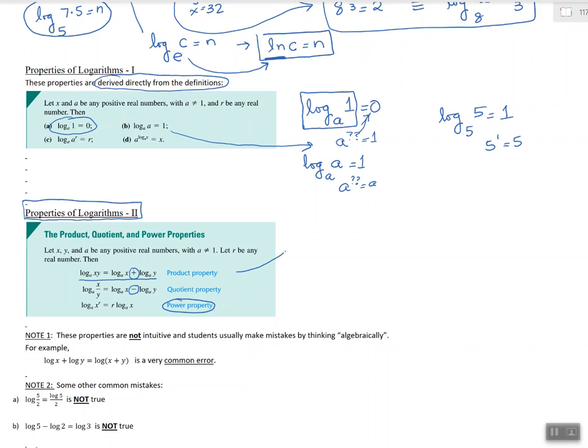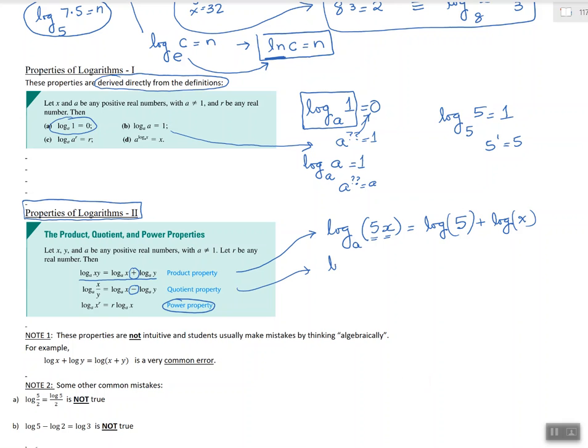Let me explain each one again. Suppose one has log of 5 times x and the base is a. According to this property, this would mean log of 5 plus log of x. So 5 times x splits up into log of 5 plus log of x.